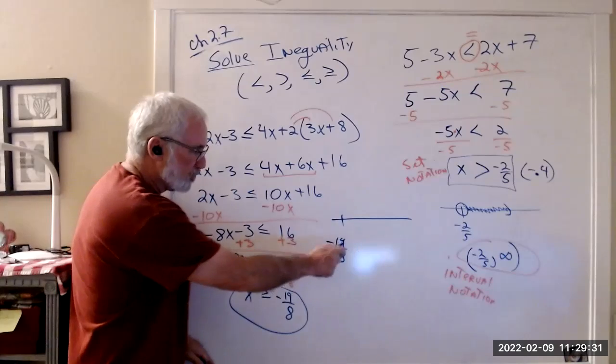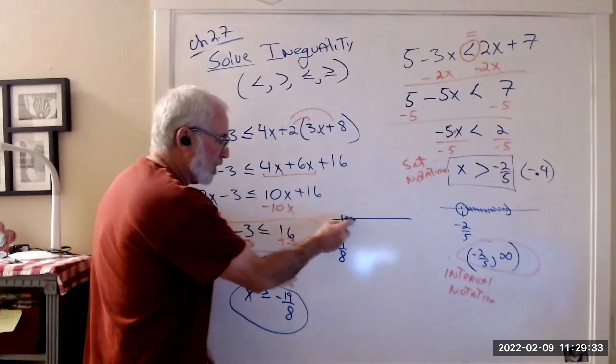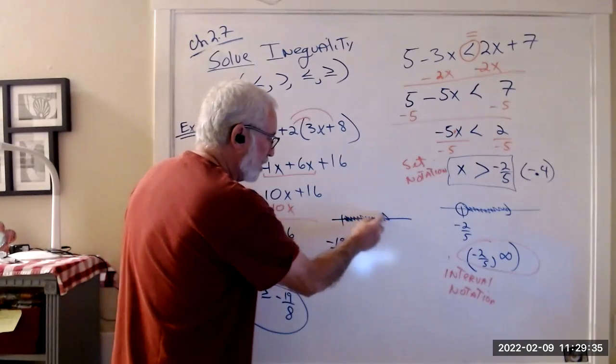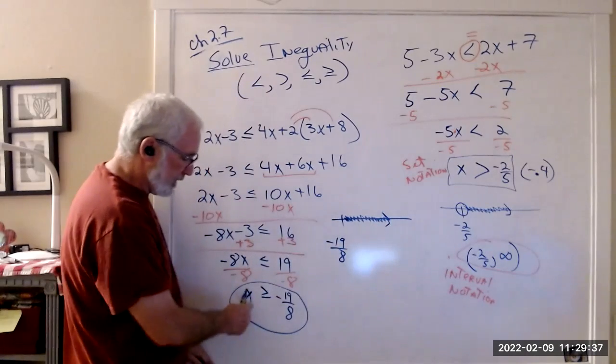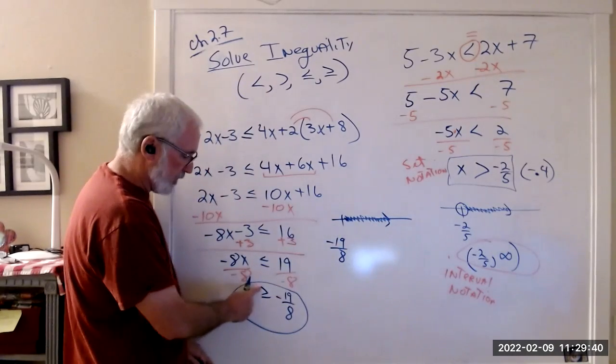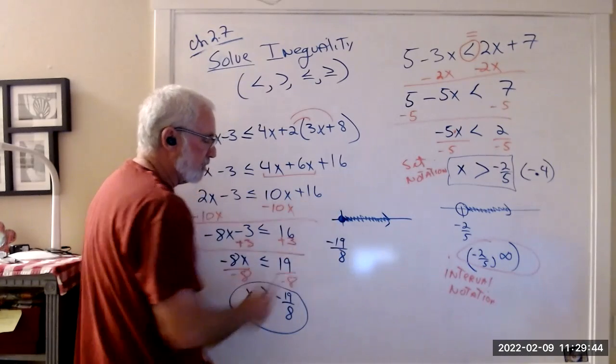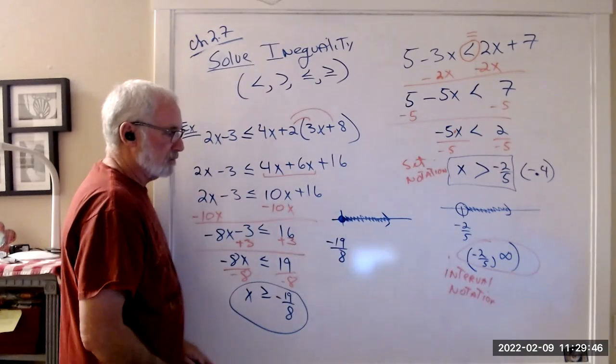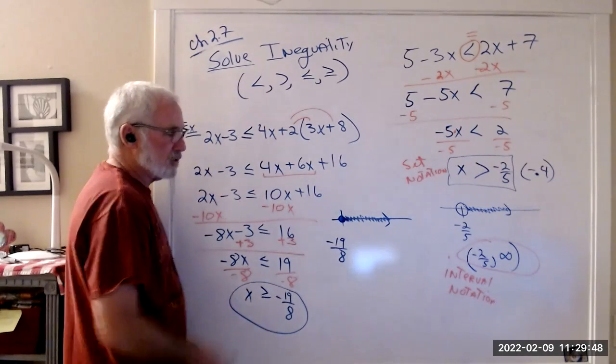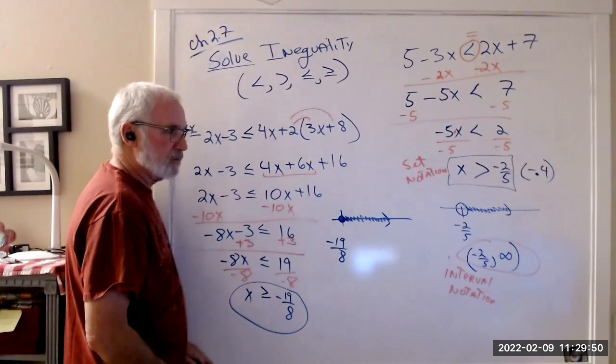Because x is on the left, it's pointing in the direction you shade. So we shade this way. And because x is greater than or equal to, we use a solid dot here. That would be a fine graph.